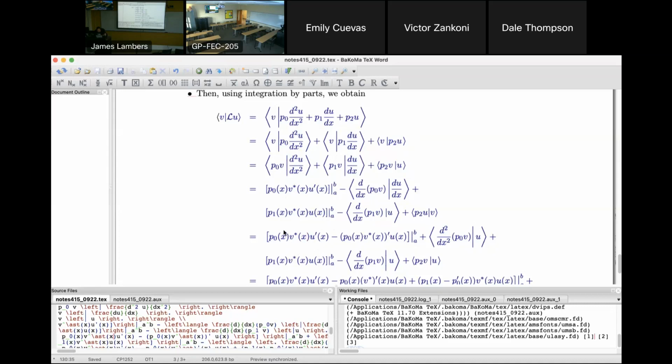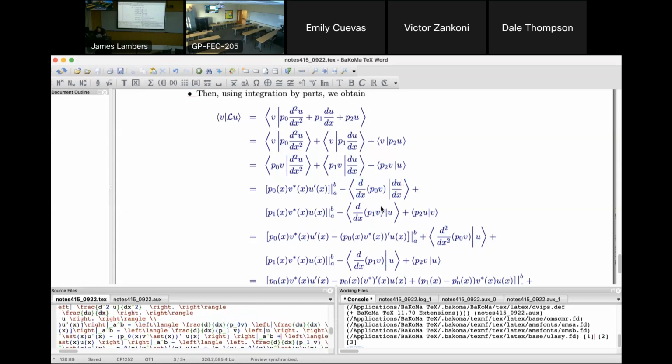Now to get from here to here is where I apply integration by parts again, just to this part. So once again, shifting the differentiation operator from U onto P0V, which again results in a sign change. Minus here becomes plus here. Here are the second set of boundary terms.